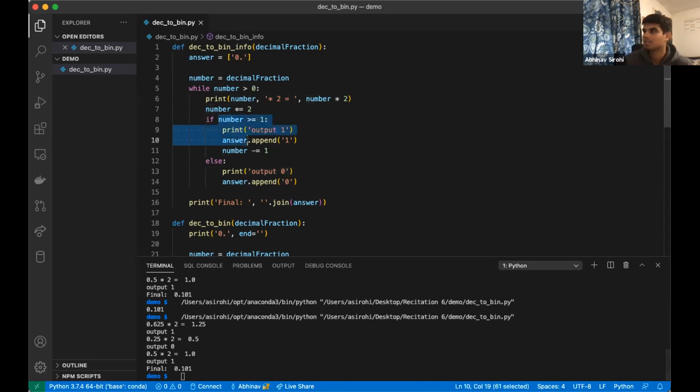We go back into this if statement and output a 1, and the number is no longer greater than 0 because 1 minus 1 makes it 0. So the while loop ends and you get your final string, which is 0.101.